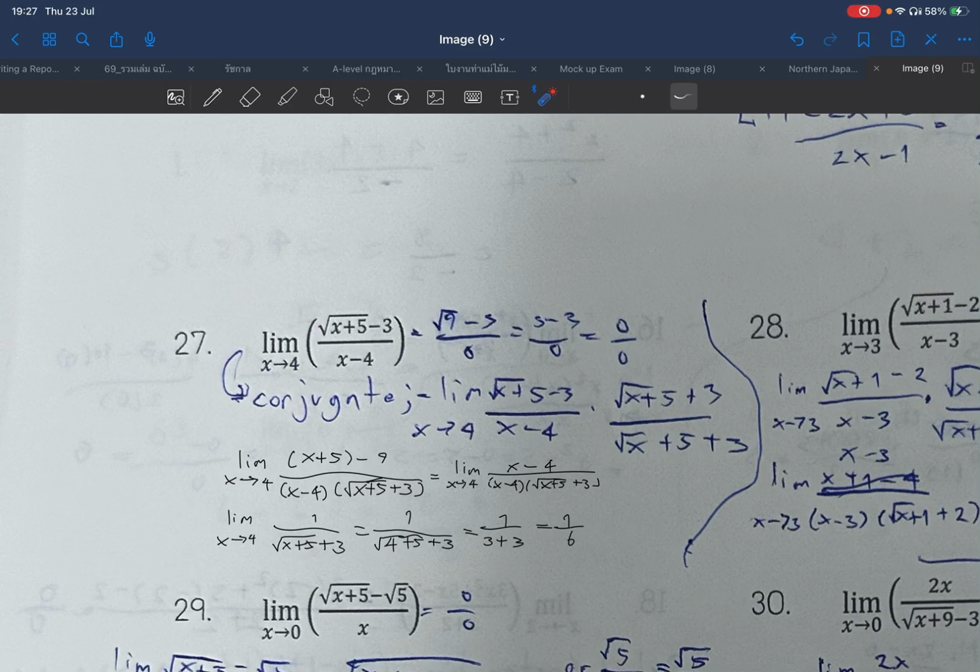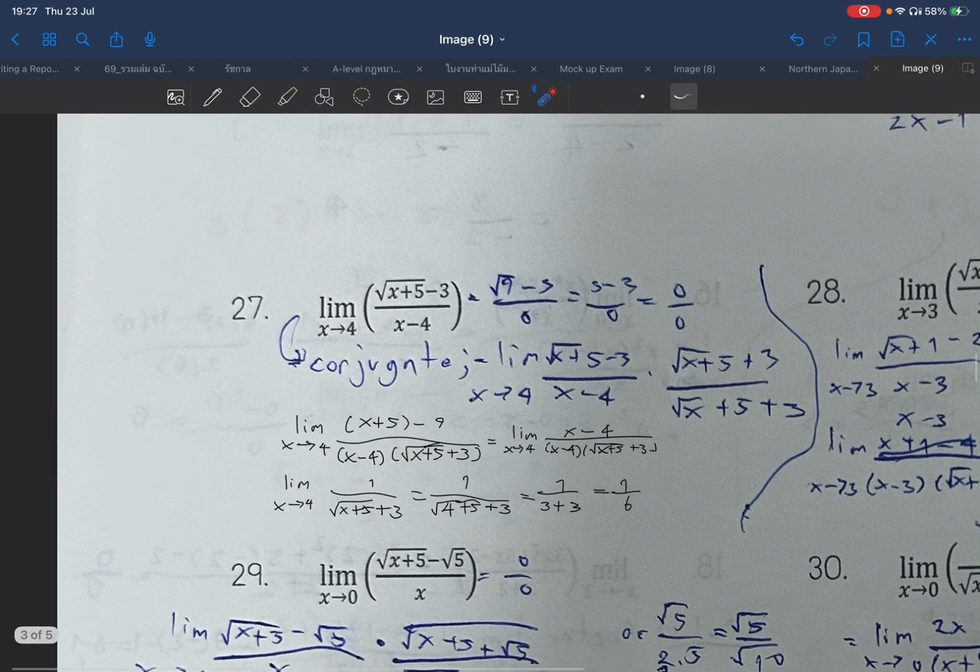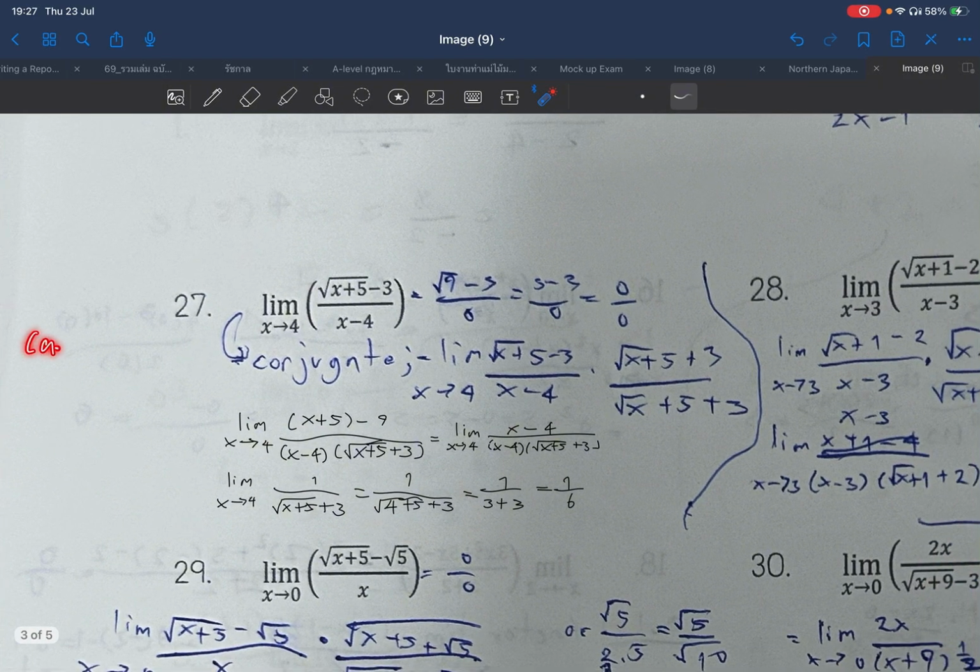So, root x plus 5 minus 3. The numerator simplifies via a minus b times a plus b equals a squared minus b squared, into x plus 5 minus 9, like this, equals x minus 4.